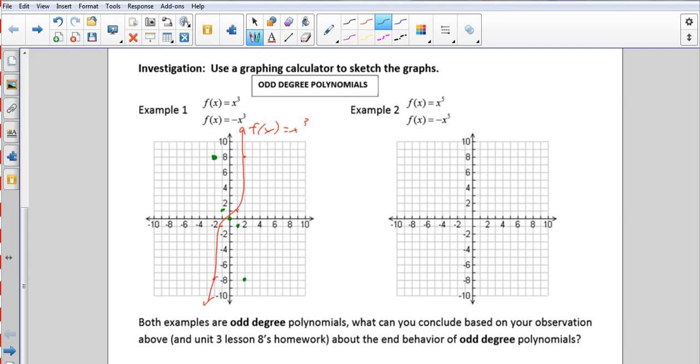Basically a negative mirror image of our other function. And that's our f of x equals negative x cubed.